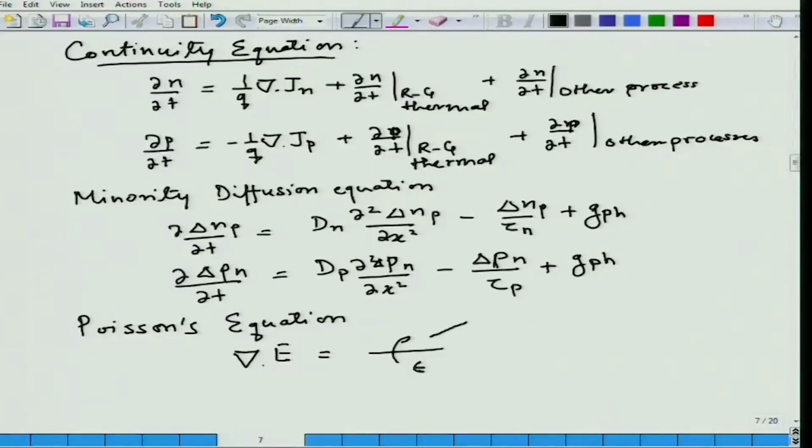What is the charge density? Now, keep in mind, this is not resistivity, although the symbol is the same. This is the charge density.